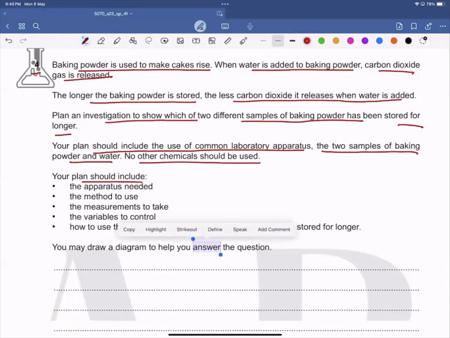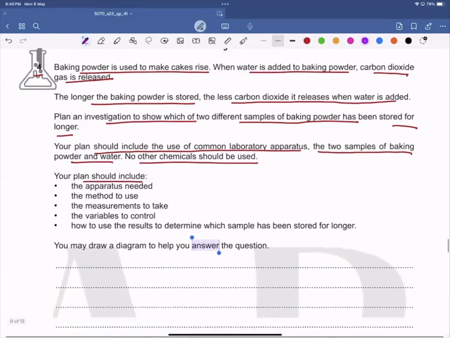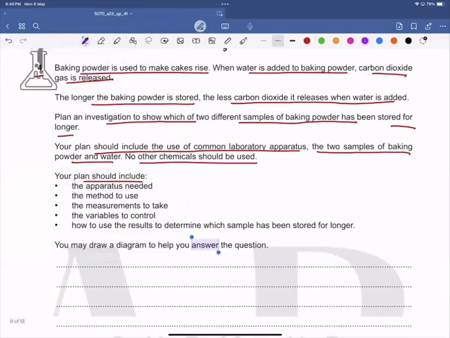Okay. So obviously, we are going to need a balance, right? And why we need a balance? It is because we have to keep the same mass of the two samples, right? Then we are going to heat them.